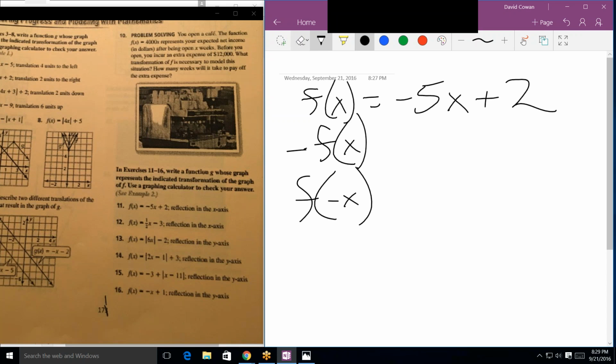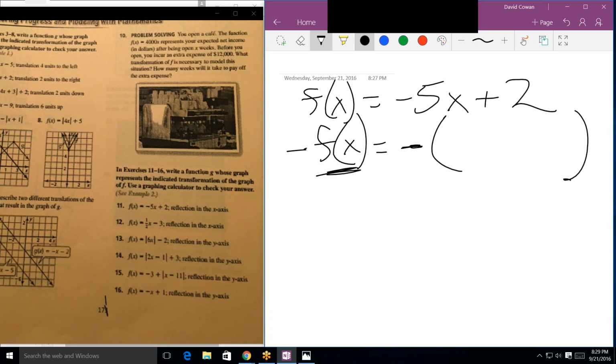Okay, so now how do we write negative f of x? Put the negative sign there, and what's f of x? In parentheses. The secret to most of these is to be very, very liberal with your parentheses. The function is minus 5x plus 2.